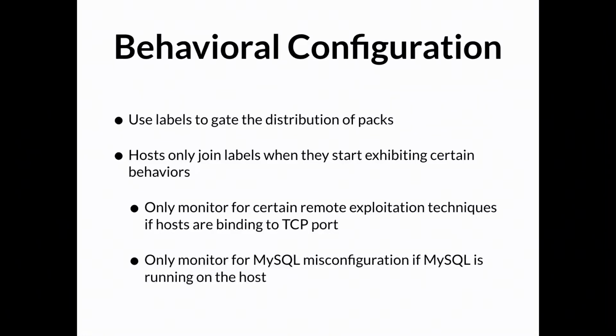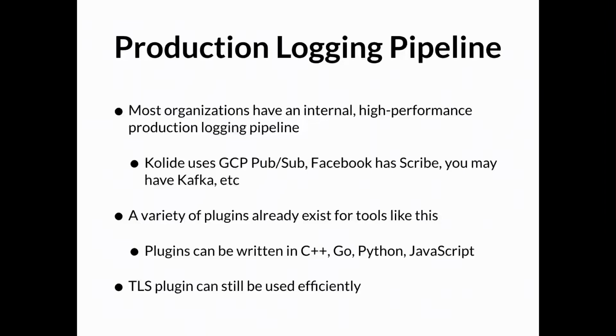So you start reasoning about the things you want to monitor more dynamically, and that works really well in production because, with significantly large production environments, they're often not very homogeneous. You don't have the ability to understand exactly what's running everywhere, unfortunately.